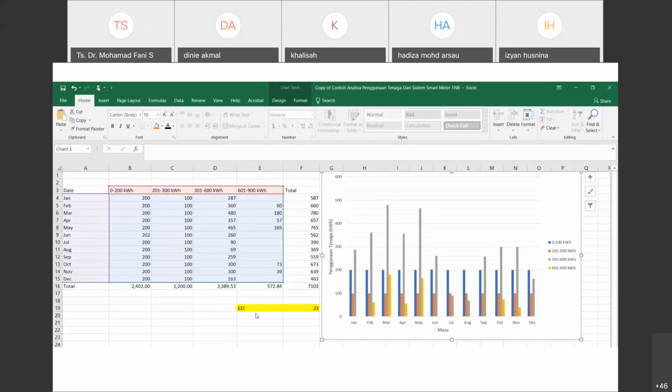And you can also calculate the EI, or home efficiency index, by totaling up all the 12 months of data over the area of the home in square meters.